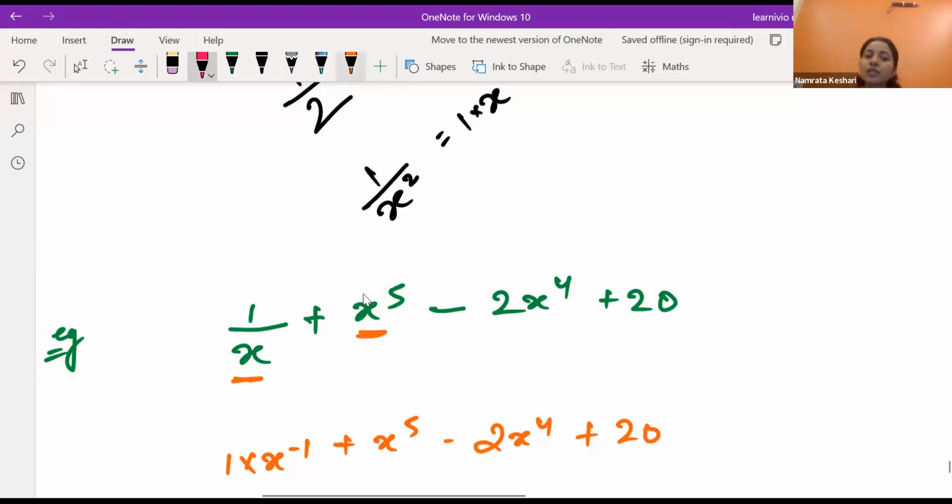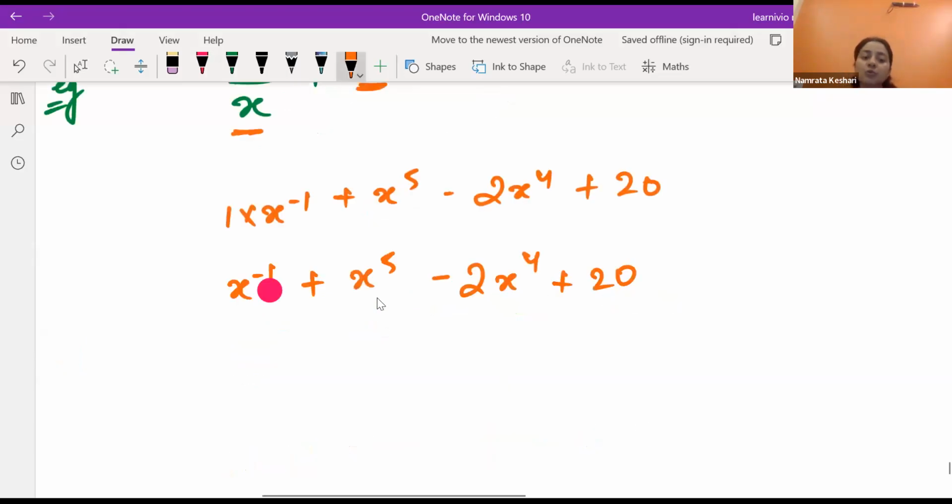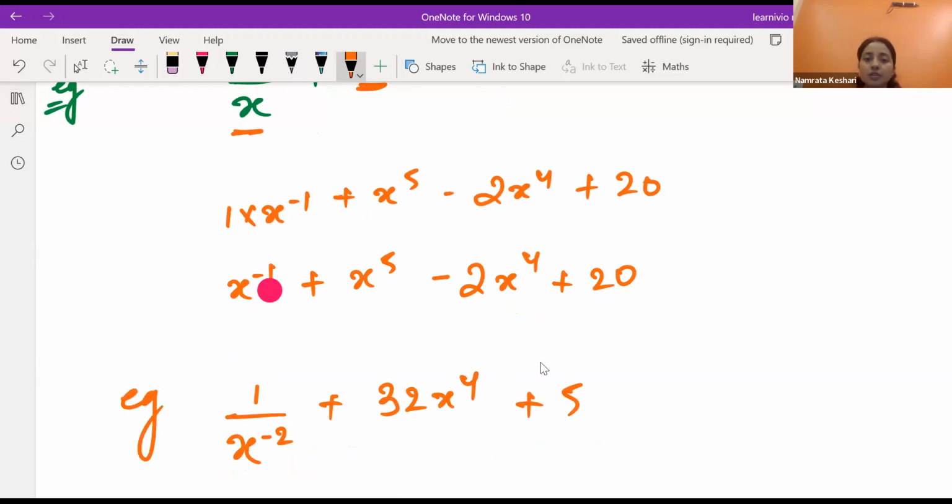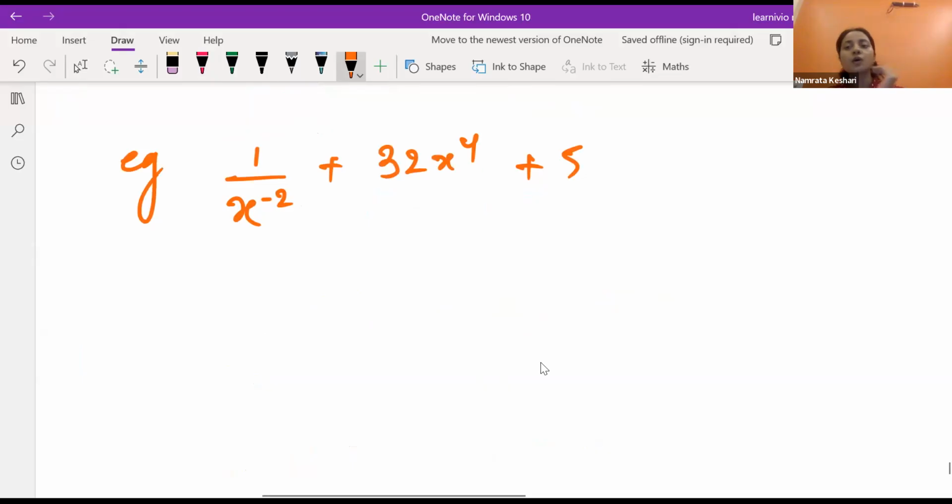Suppose I am giving you another example, Apurva: 1 by x to the power minus 2 plus 32 x to the power 4 plus 5. And again, I am asking you, is it a polynomial or not? Our job is to bring all the variables in the numerator, right? So we will bring it in the numerator. What are we going to get? x raised to 2 plus 32 x to the power 4 plus 5.